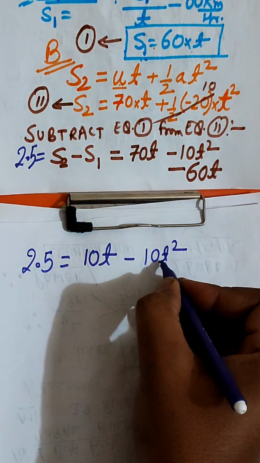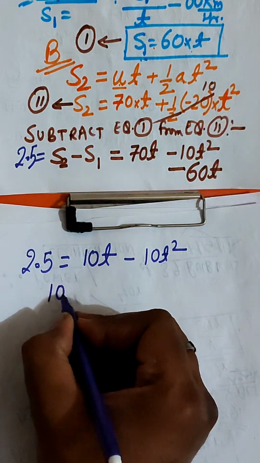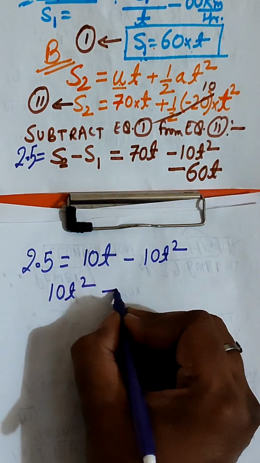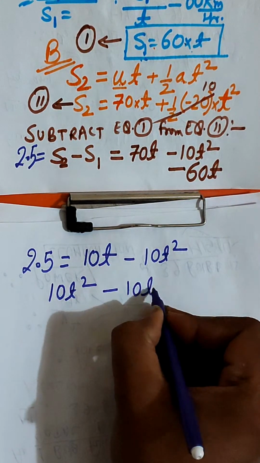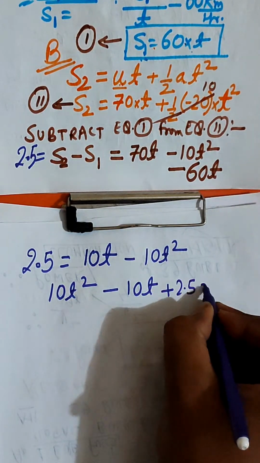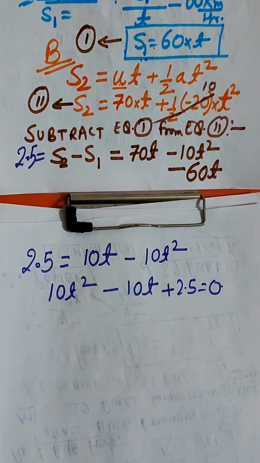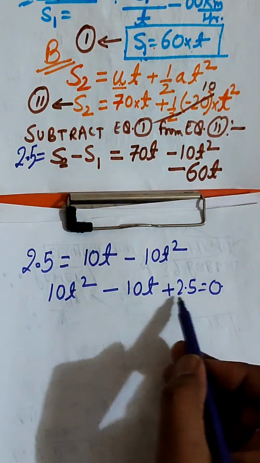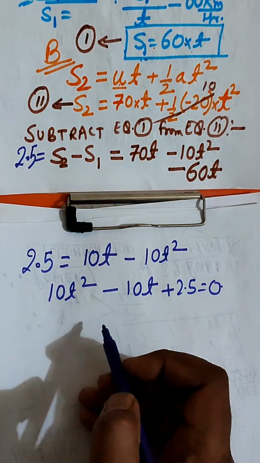So when you bring 10t square into the LHS, this will come as 10t square minus 10t plus 2.5 is equal to 0. Now just solve it to get the value of t.